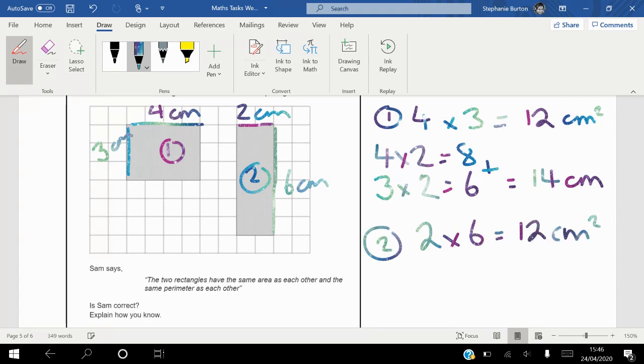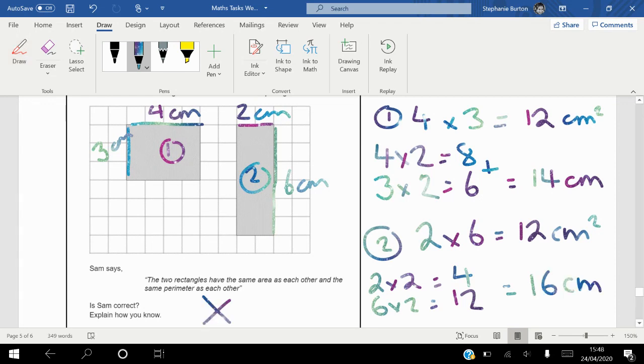And to find its perimeter, I'm going to double my width. So I'm going to do 2 times 2, which is 4. And I'm going to double my length. So I'm going to do 6 times 2, which is 12. And I'm going to add them together. This gives me 16 centimetres. So Sam is not correct.